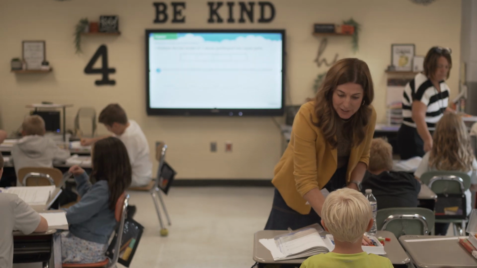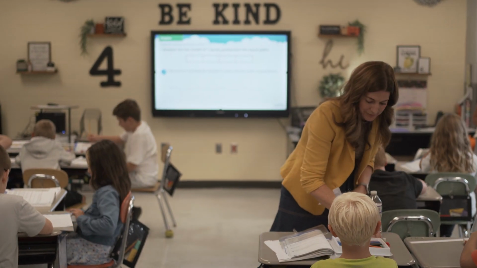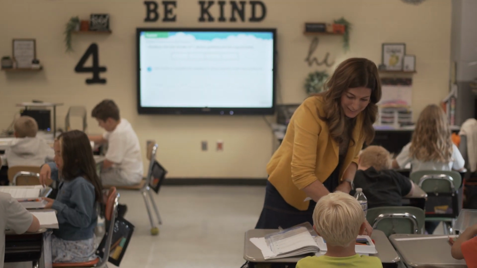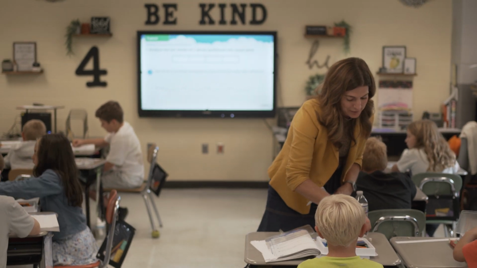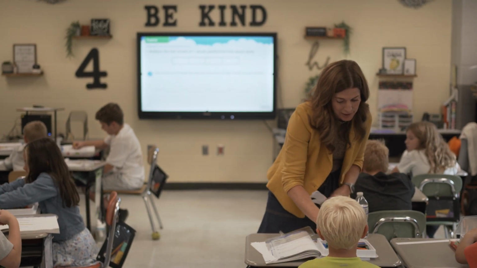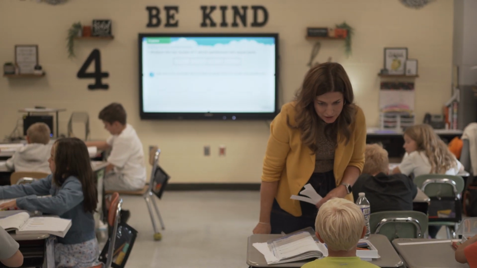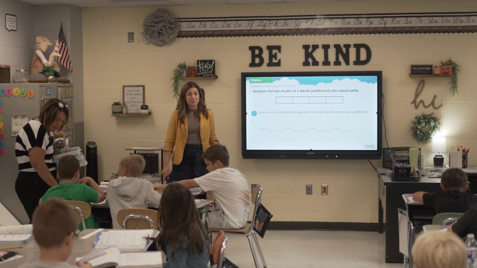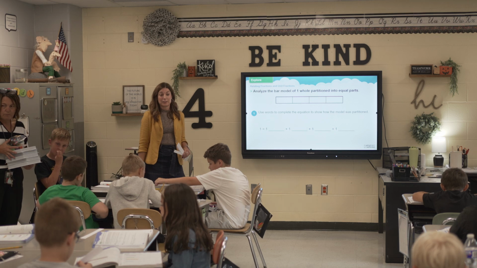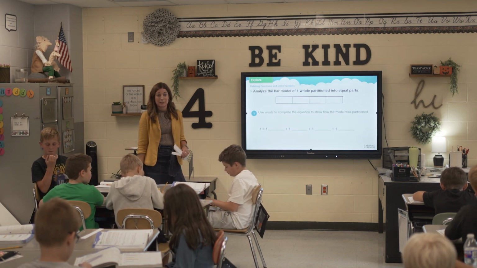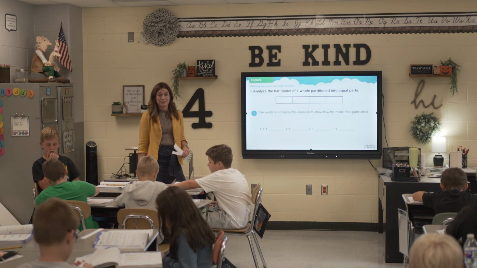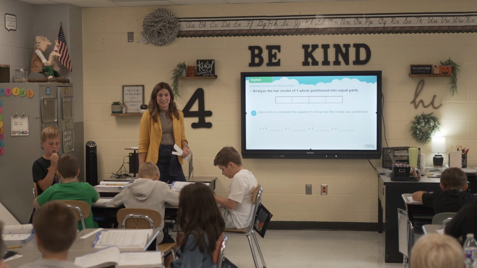So you're telling me that 1/4 is a fraction. 1/4 is right because it's divided into fourths, and if you put it all together, that's called a unit.